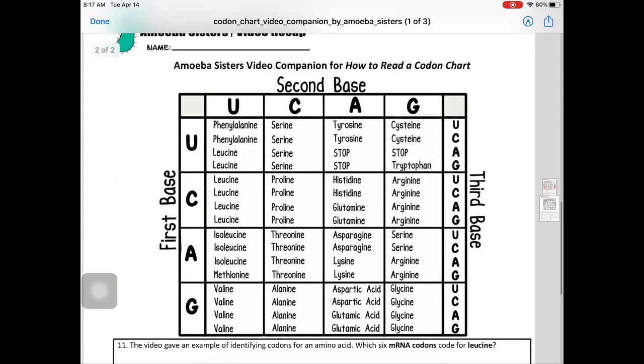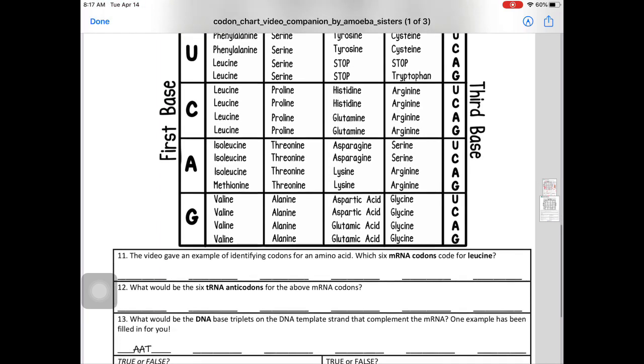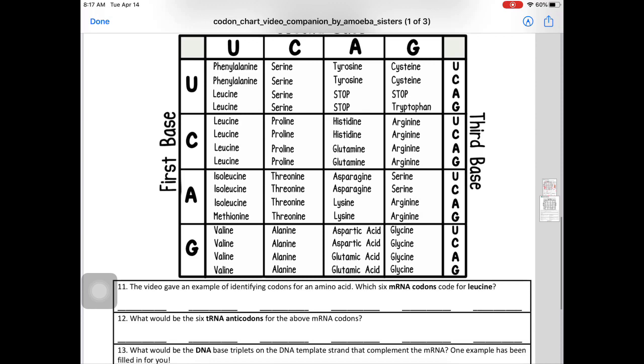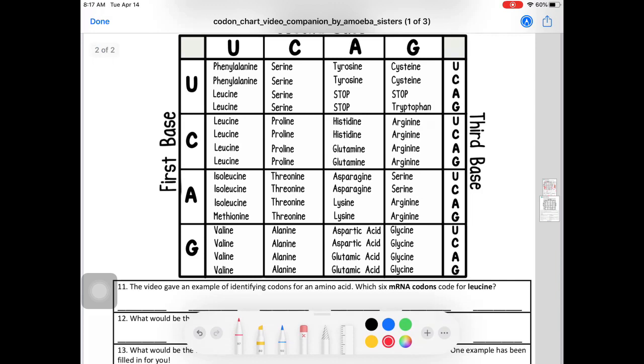All right, now I've got a codon chart here, and it's going to ask me a bunch of questions about it. So the 6 messenger RNA codons for leucine, I'm going to find leucine right here, and I'm just writing out what those things are.